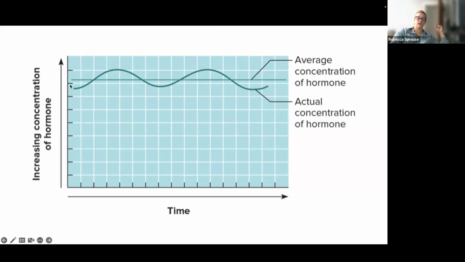You're constantly going to have lower than that, higher than that, lower than that, higher than that, but ultimately it's going to fluctuate like this about that set point or that normal average level that we want. Okay, so just know that these endocrine glands are constantly being stimulated or inhibited to keep the range as close to normal as possible. And that's what negative feedback is.